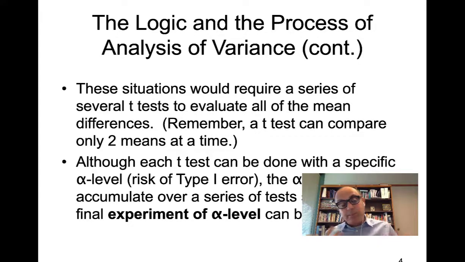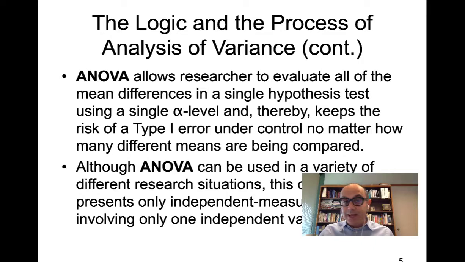I know these are big words, and I hope my example will make more sense. So ANOVA allows researchers to evaluate all the mean differences in a single hypothesis using a single alpha level, and thereby keep type 1 error under control.